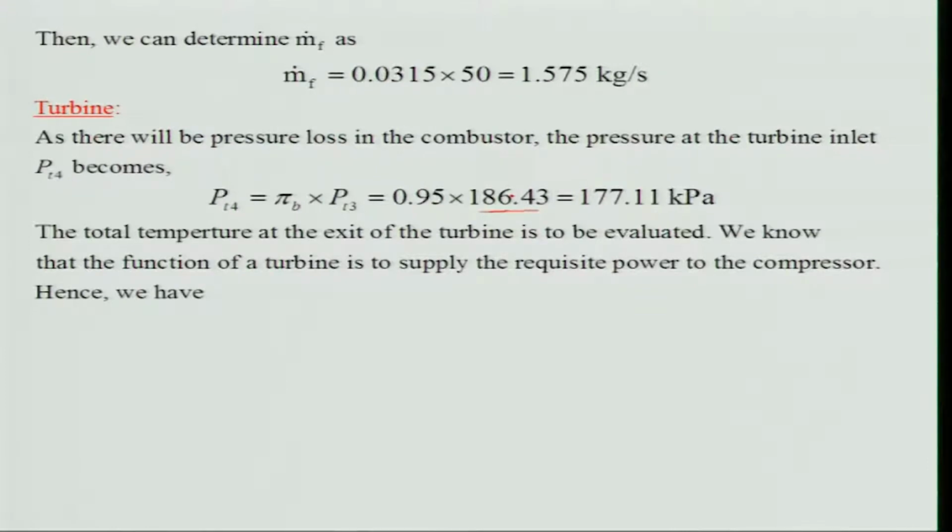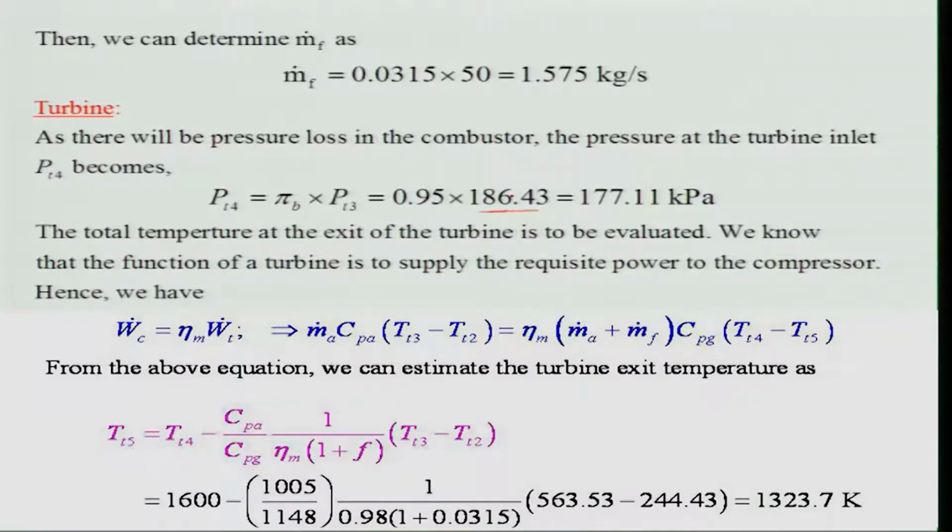The total temperature at the turbine exit is to be evaluated. For that we must know how much power is given to run the compressor. For that we write W dot T is equal to eta m into W dot C. In the ideal cycle eta m is equal to 1, but in this case it has some value, I think 0.98.